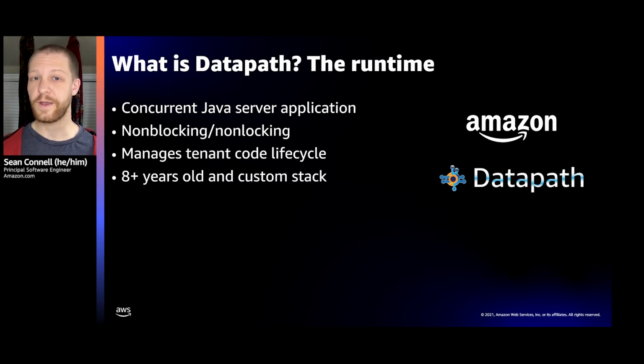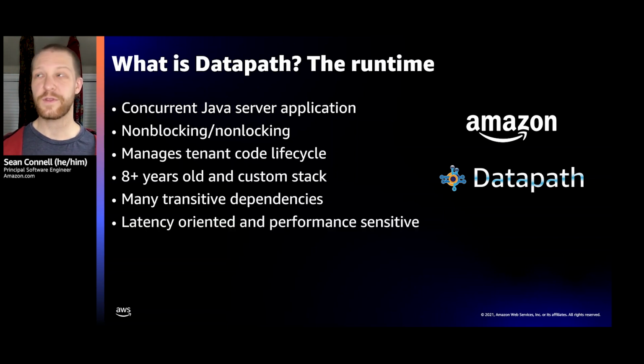It's pretty old now, and it's using a lot of custom code. It's using open source libraries as well, but also we've developed a lot of special things along the way to make this possible. It also has a lot of dependencies, both direct and transitive, and it happens to have relatively tight performance targets. Our clients are very sensitive if we cause any latency regressions.